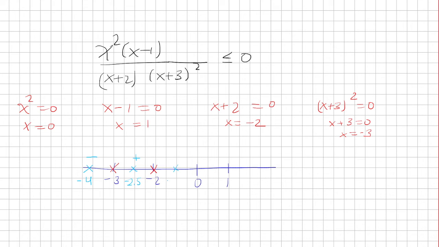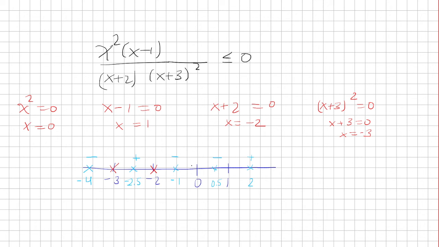Pick a value between negative 2 and 0. Say negative 1. That's negative. Value between 0 and 1, we'll say 1/2. That's negative. And then pick a value to the right of 1, let's say 2. That's positive. So we're interested in when is the function less than or equal to 0.